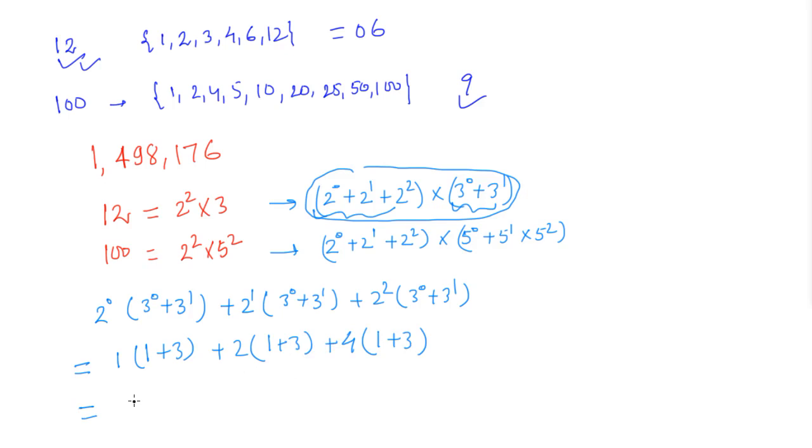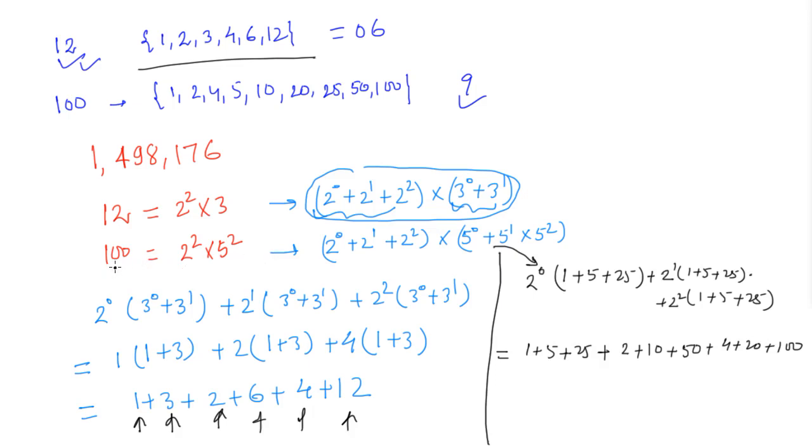This would be 1 plus 3 plus 2 plus 6 plus 4 plus 12. So this will list out all the possible factors of 12: 1 is a factor of 12, 2 is a factor of 12, 3, 4, 6 and 12. Here we have got the same result.